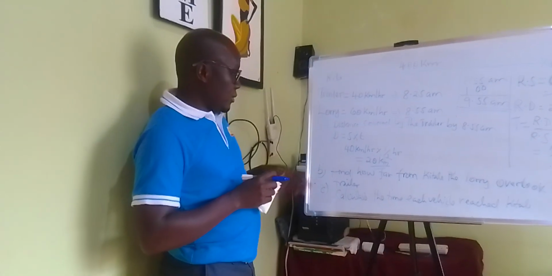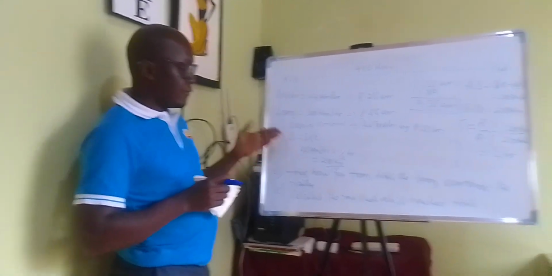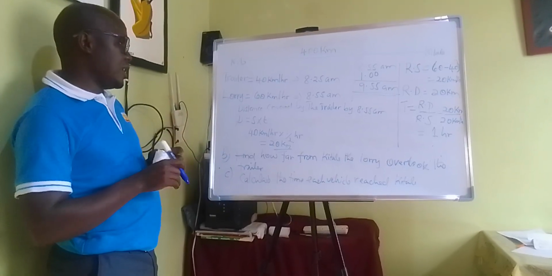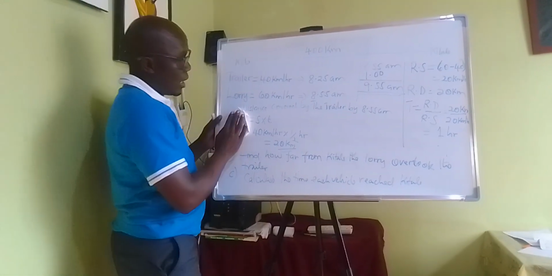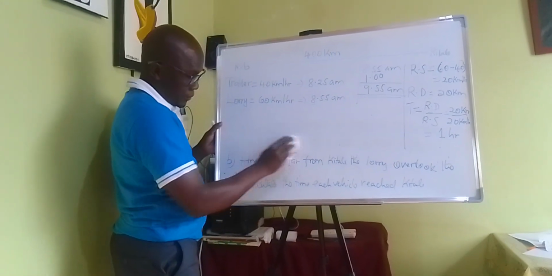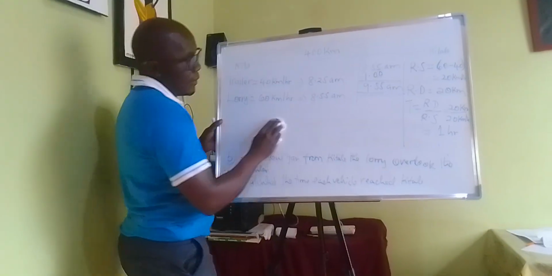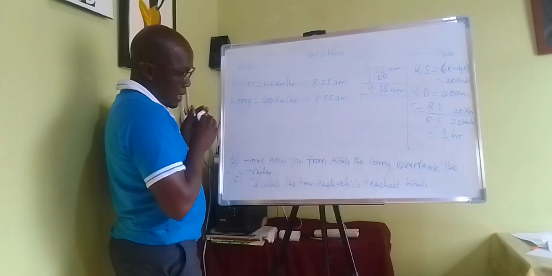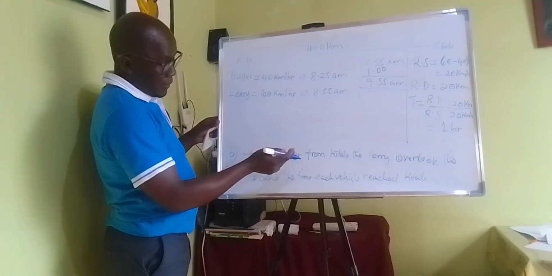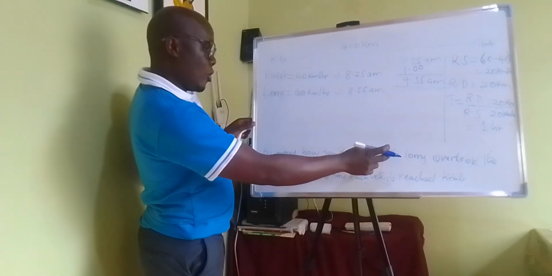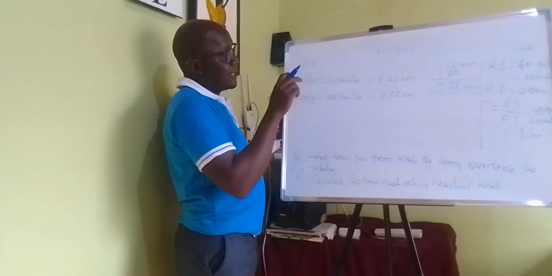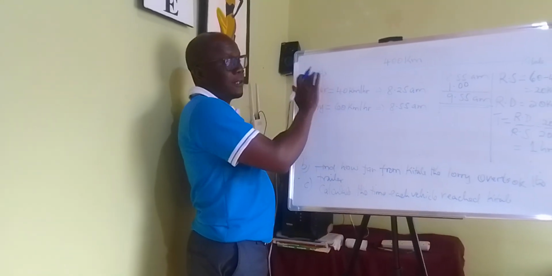Now, having done that, we go to the second part. Find how far from Kitale the lorry overtook the trailer. How do we go about that? What we need is the distance of the lorry from Kitale. But before that, let's get the distance covered by the lorry from Nairobi.